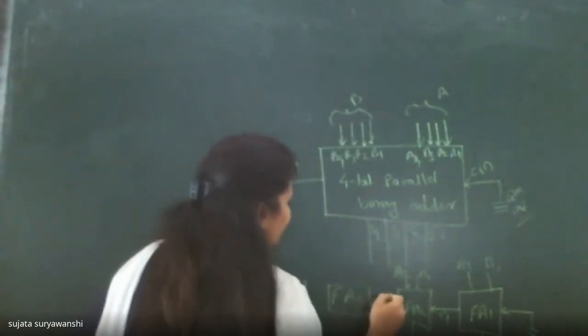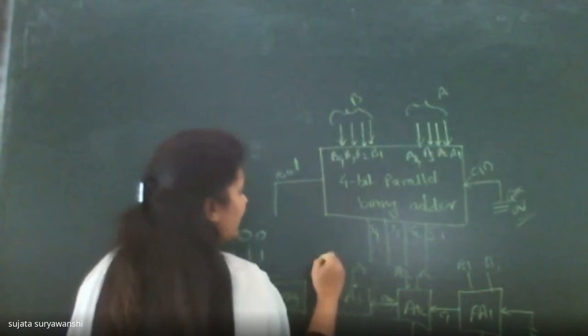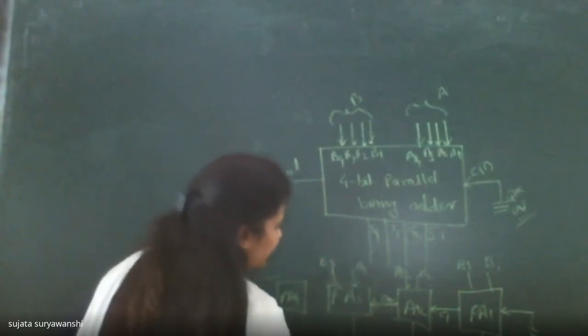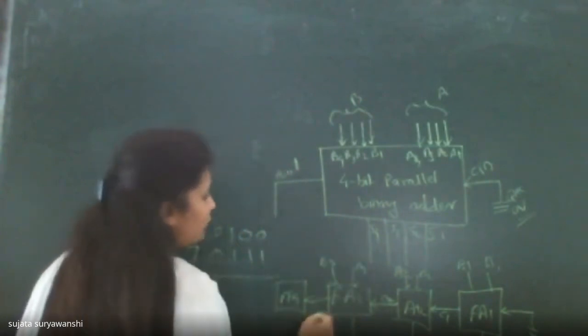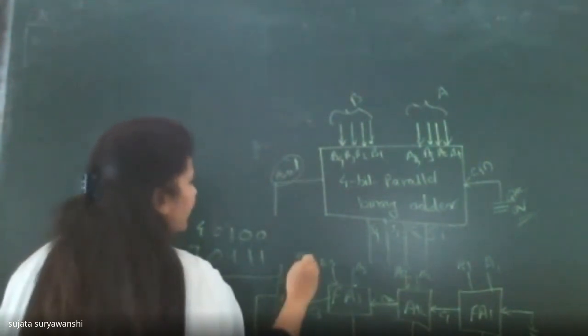Then C2 is given as input to the next. Then next A3, B3, output S3 is generated, and the second output is C3. And now this C4 is equal to this C out. And this is S4, and the inputs are A4 and B4, like this.